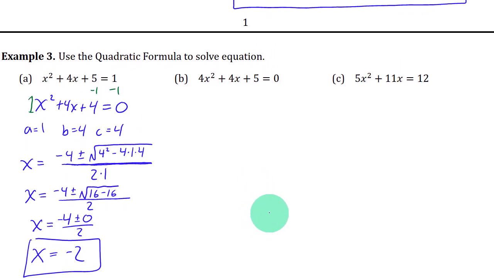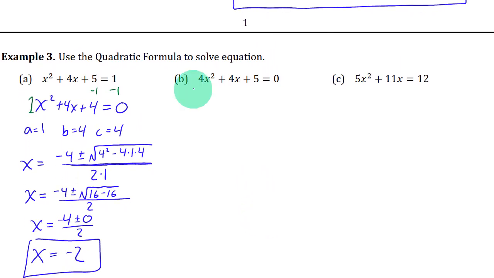Let's do the same idea here. It's just this time your A is 4, your B is also 4, and your C is 5. And we do have 0 on the other side this time. So let's plug it all in.